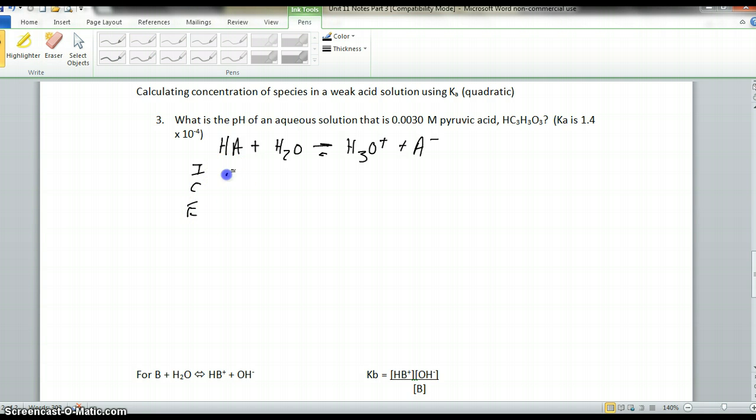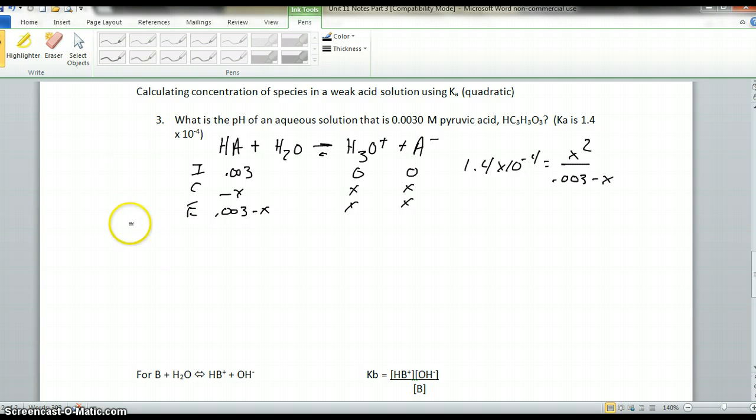This time you're starting with 0.003 minus x, 0.003 minus x, 0, x, 0, x. We know Ka is 1.4 times 10 to the negative fourth. We know it's equal to our products, x times x, or x squared, over our reactants, 0.003 minus x.